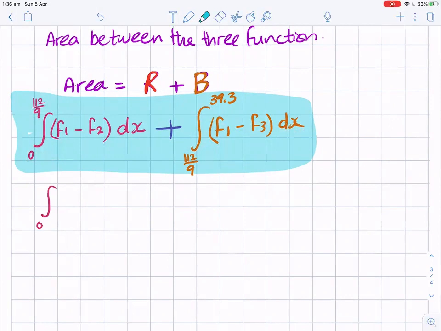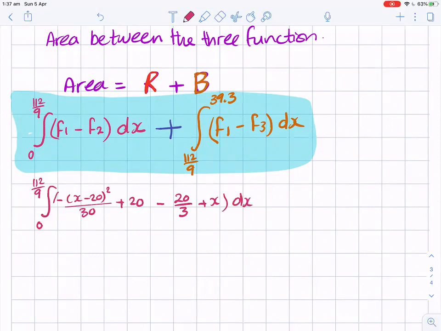So this is from 0 to 112 over 9, and f1 is minus x minus 20 squared over 30 plus 20, so f1 minus f2 is 20 over 3 plus x, because in the question it was minus x, so 1 multiplied by this minus in the middle becomes plus, and then dx.